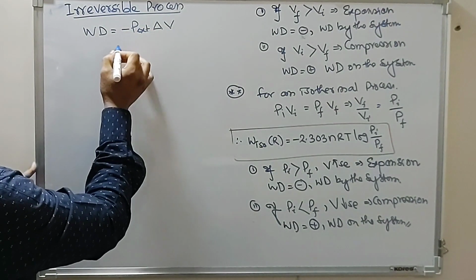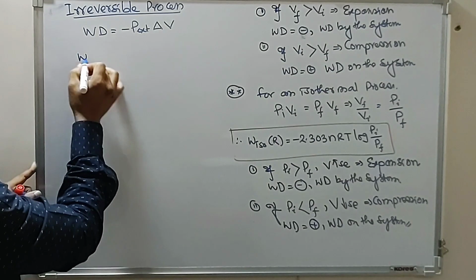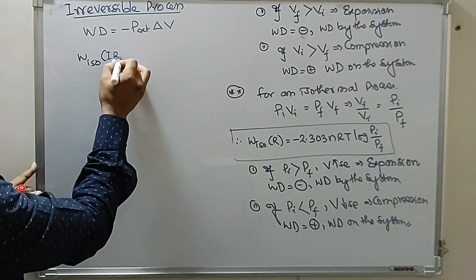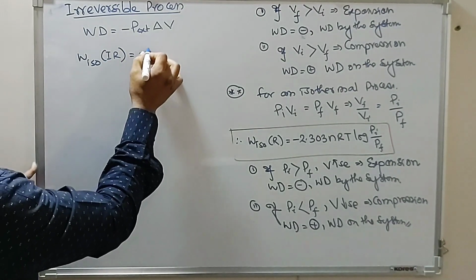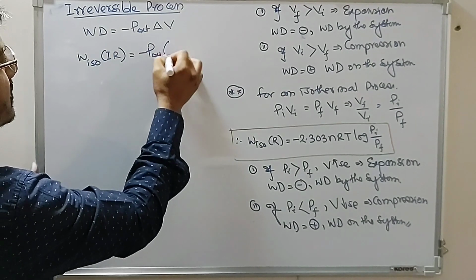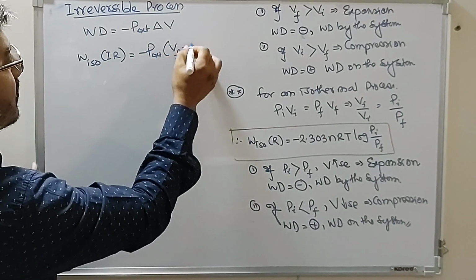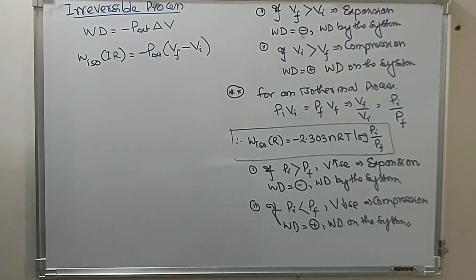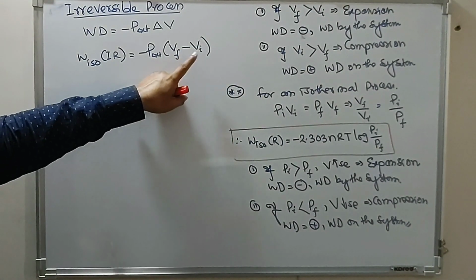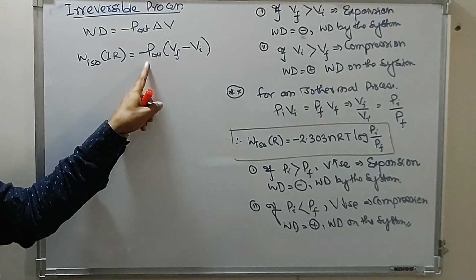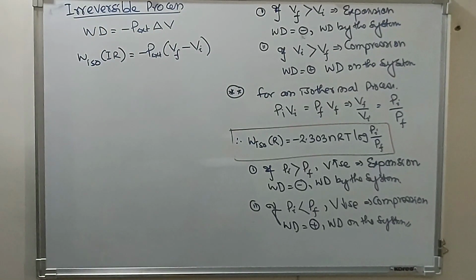So work done isothermal irreversible is equal to minus P external into Vf minus Vi, that is final volume minus initial volume. This is the external pressure.